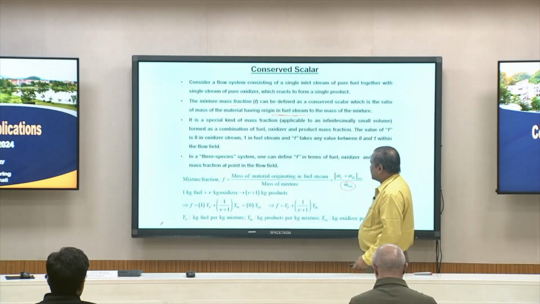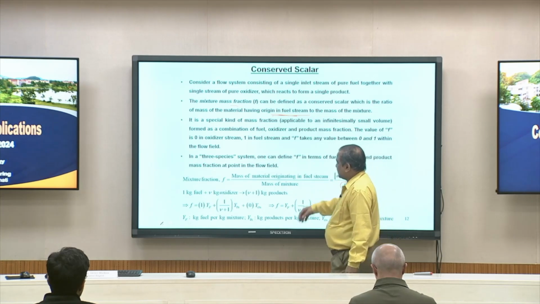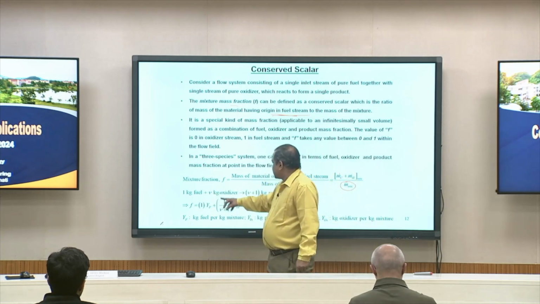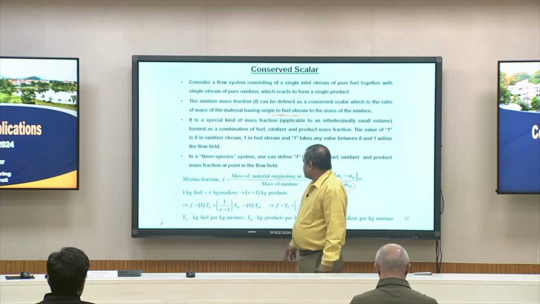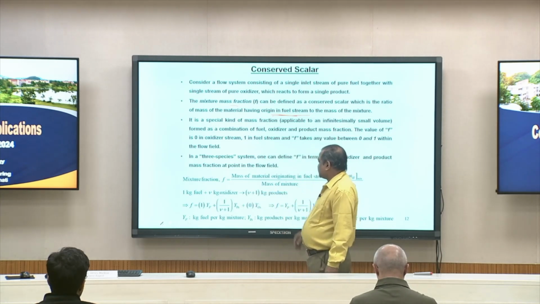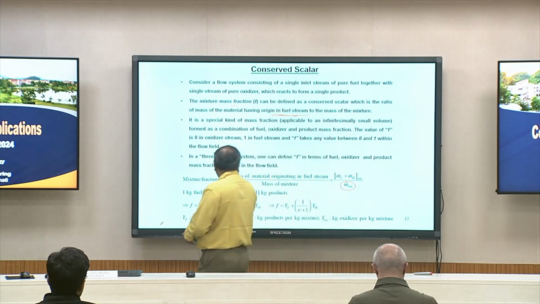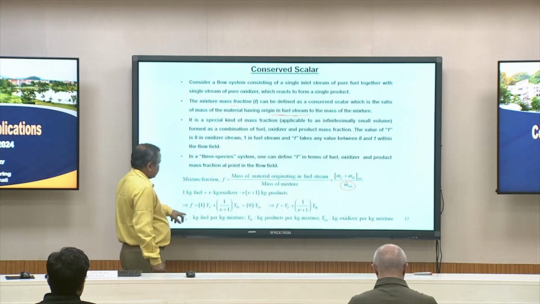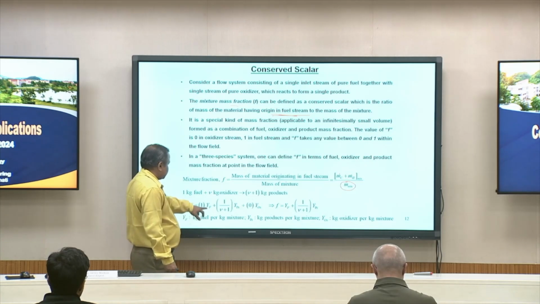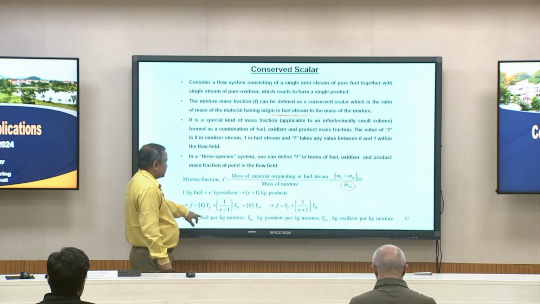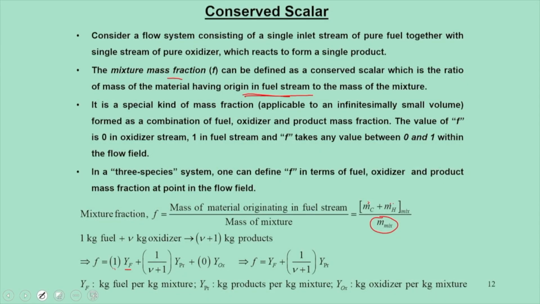So this boils down to a term that when we have 1 kg of fuel and some mu kg of oxidizer, we get mu plus 1 kg of products. For that, to find the mixture fraction, for fuel, which is YF, the carbon and hydrogen fraction becomes 1.